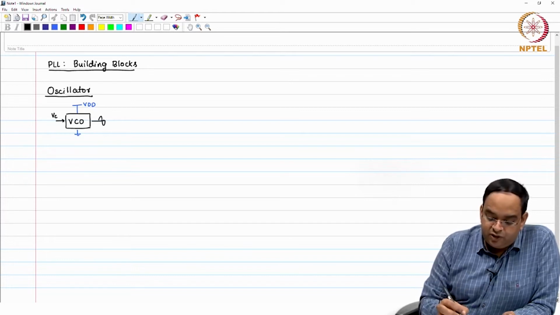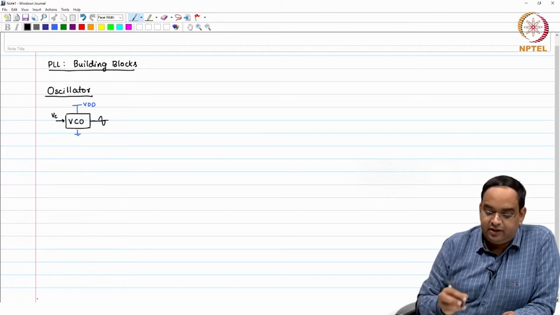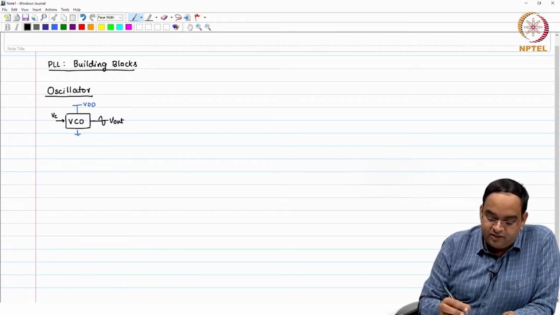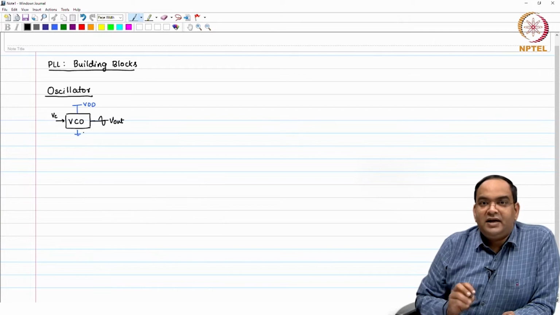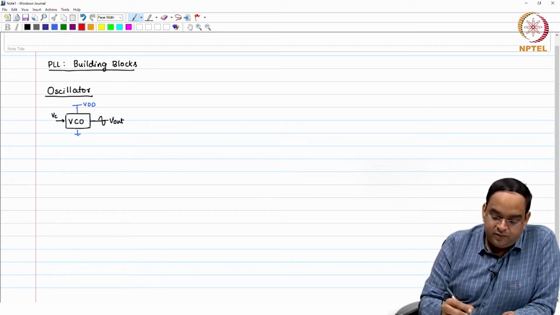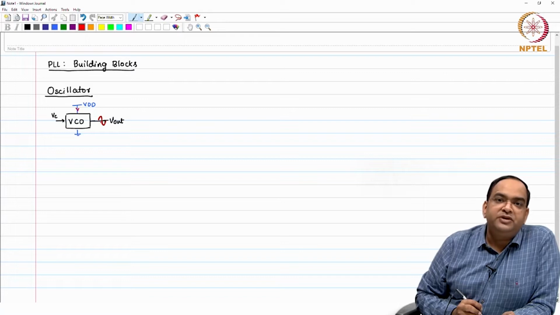It does not control the amplitude of the oscillator. This block operates standalone. It takes power from your VDD and converts that to one particular frequency.